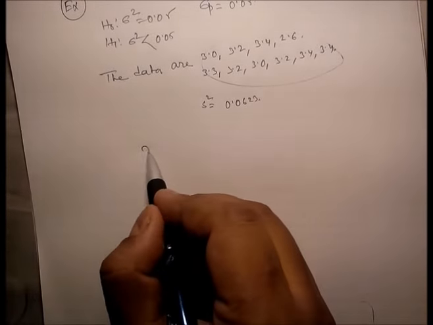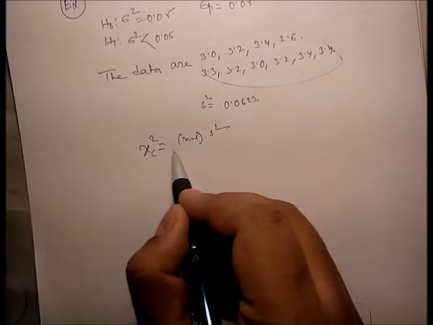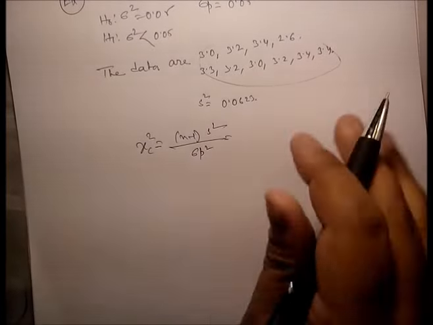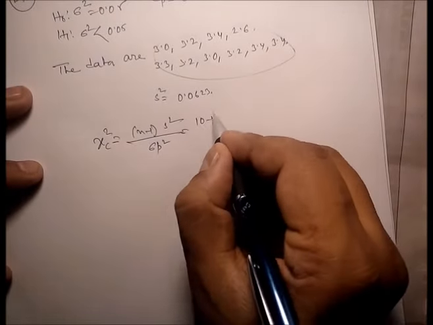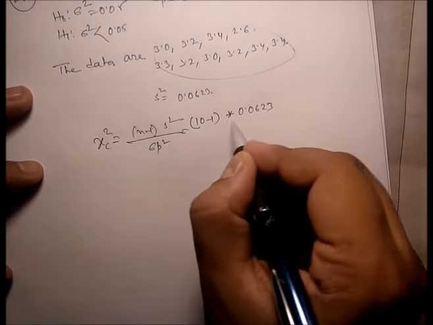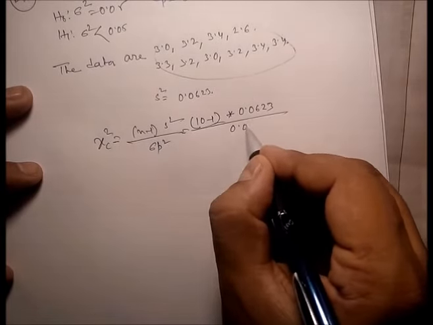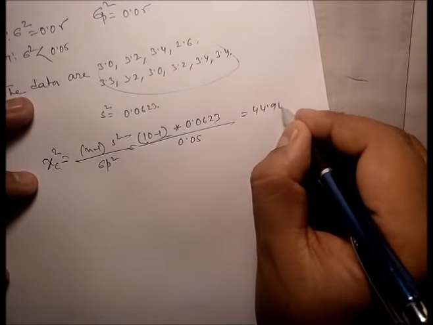Now the calculated value is (n minus 1) s squared divided by sigma squared. There are 10 samples, so 10 minus 1 times s squared, 0.0623, divided by the assumed variance 0.05. The value is 44.94.